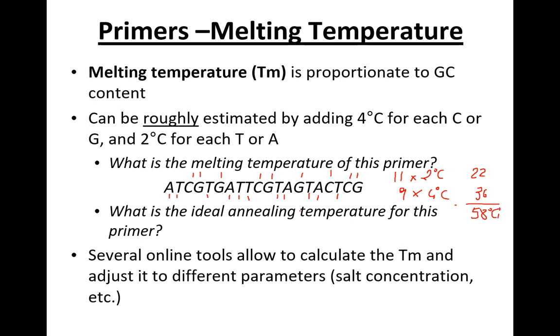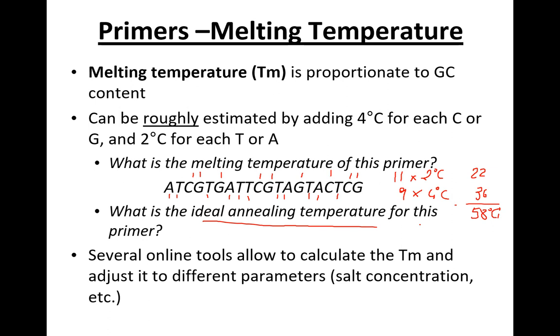So what would be the ideal annealing temperature to use? This minus 5, around 53 degrees Celsius. Now in reality there are other factors that determine the melting temperature and the annealing temperature. Other than this is a rough way to estimate it. In fact, if you take this primer online, there are some tools that allow you to predict it.